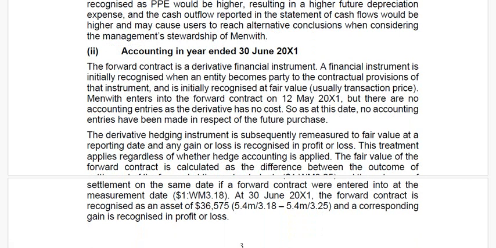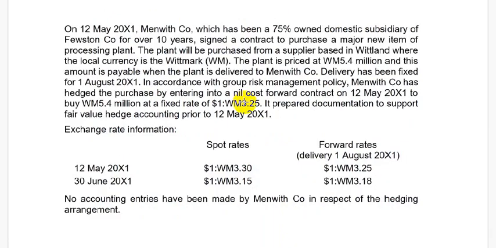To accounting in year ended 30 June 20x1. We already noted in the exhibit that at inception there is no cost. MCO has hedged the purchase by entering into a new cost forward contract.